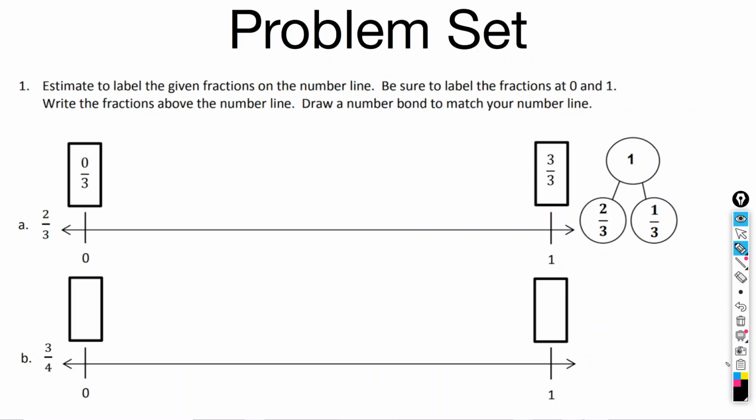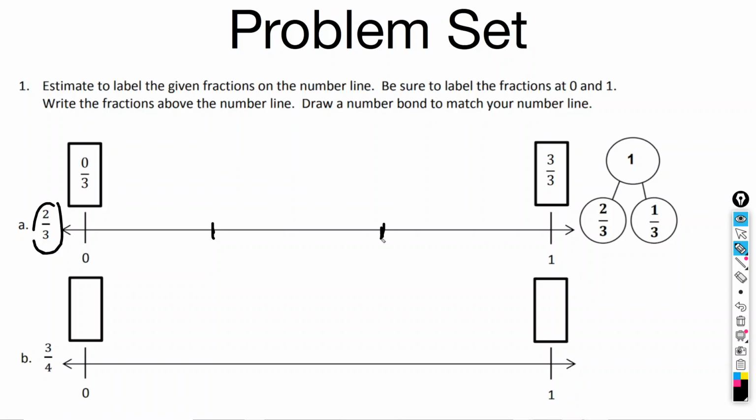Okay, so over here you can see that they have 2/3. So they want us to find 2/3. First I look at this number on bottom. This number on bottom tells me I need to break my line into 3 pieces. So I'm going to do 1 piece, 2 and 3 pieces. Now I need to locate 2/3, but I need to label each piece.